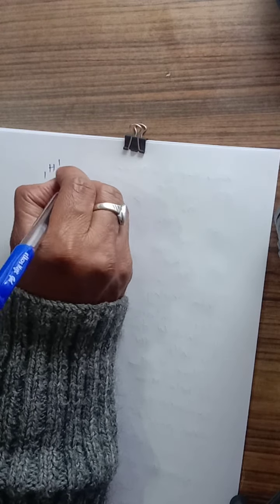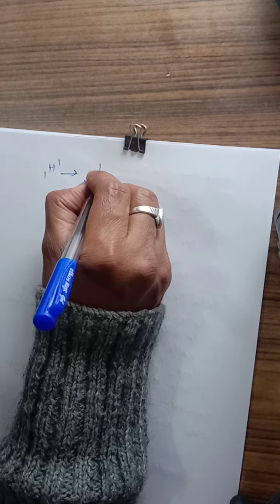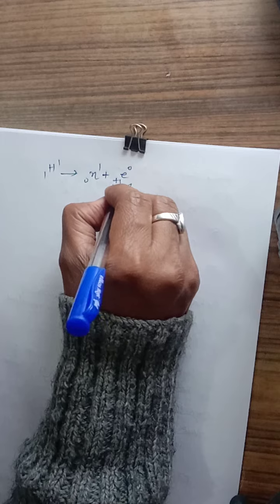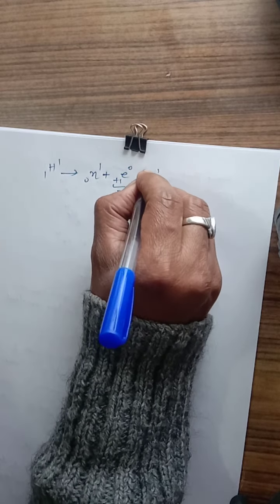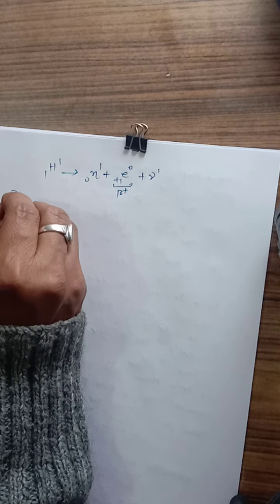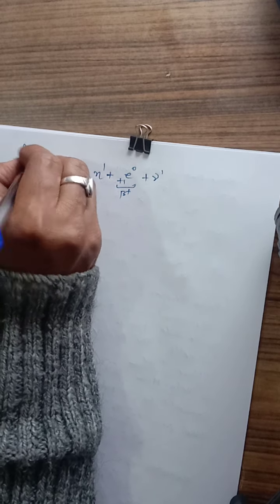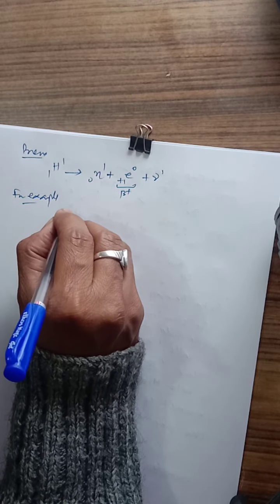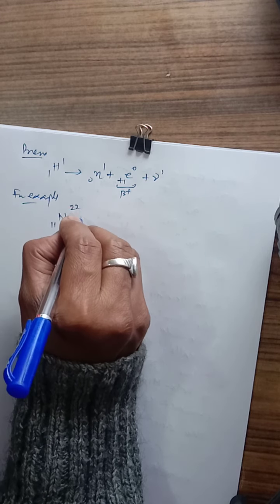What does it mean? It means 1H1 becomes 0n1 plus e0 plus 1, the beta plus, plus a neutrino. For example, this is the process, and an example in this category is neon, with atomic number 11, 22.